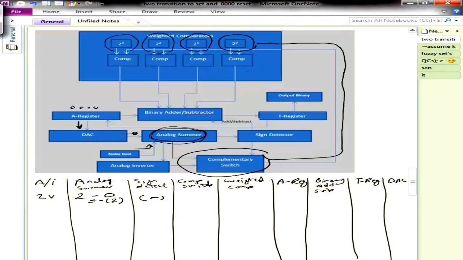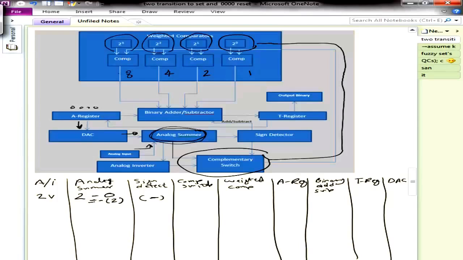all voltage references of the weighted comparator are positive voltages, set at these weights. For the first comparator, we have the voltage reference set at 2 to the power 0, which is 1. For the second comparator, the voltage reference is set to 2 to the power 1, which is 2. The third is set to 4, and the fourth is set to 8.